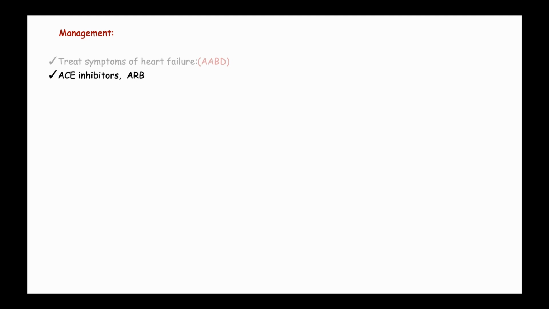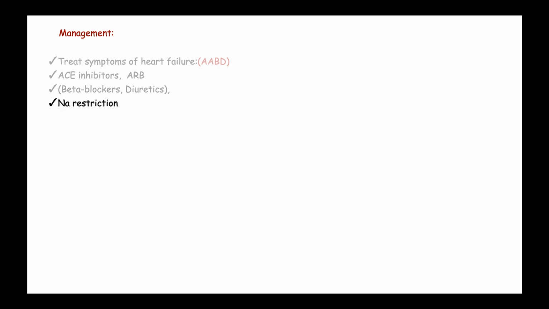The beta blockers slow the heart rate and they reduce the blood pressure, thereby controlling the rate at which the heart contracts and helping to eject more blood out of the left ventricle into the systemic circulation.